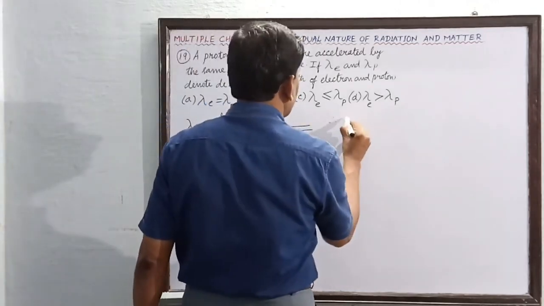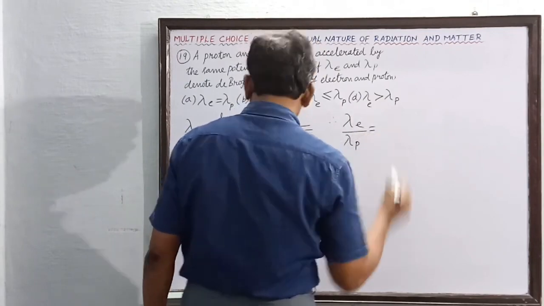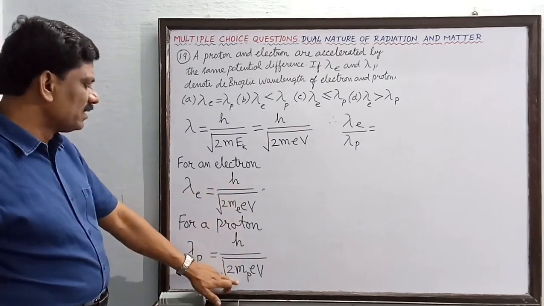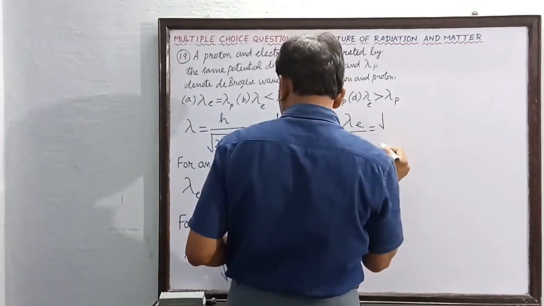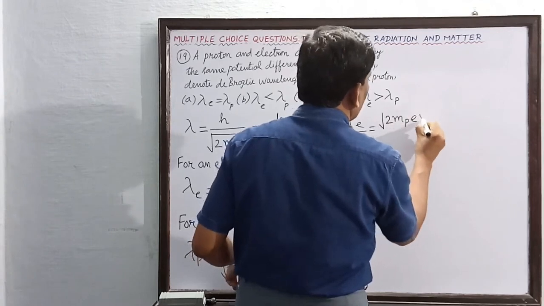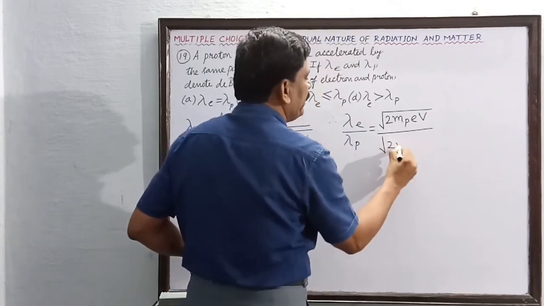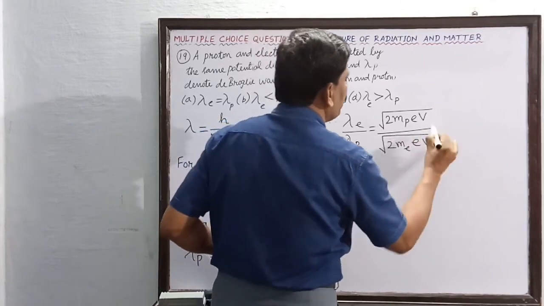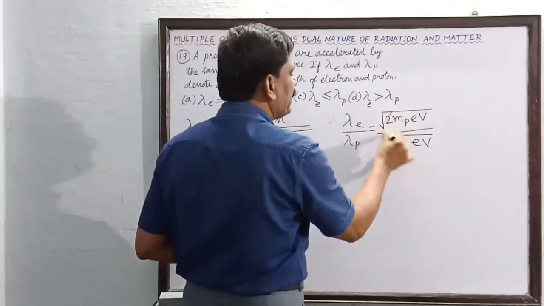Therefore lambda E divided by lambda P is equal to, on the right hand side, if you divide, the denominator will come to the numerator. So this is equal to square root of 2mp into eV divided by square root of 2me into charge of electron e into potential difference V. Which will be cancelled here? 2 is getting cancelled.